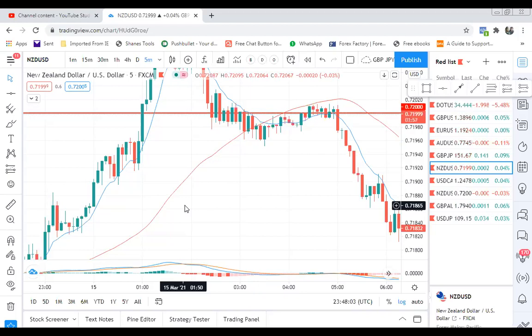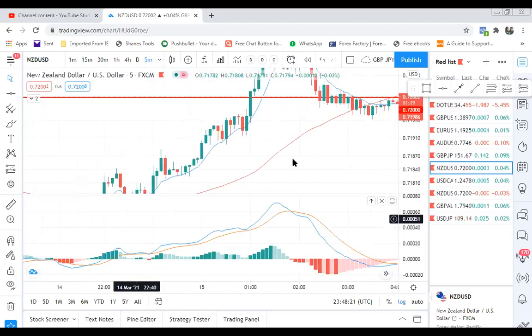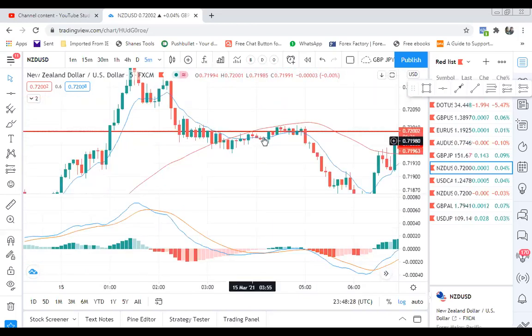But if you want to be a semi-price action trader, it means you're applying price action with some certain indicators, like the MACD for figuring out momentum and divergence, and moving averages to figure out some support or resistance zones.